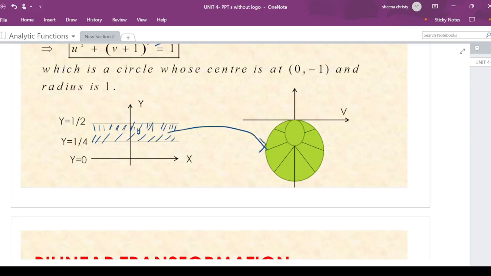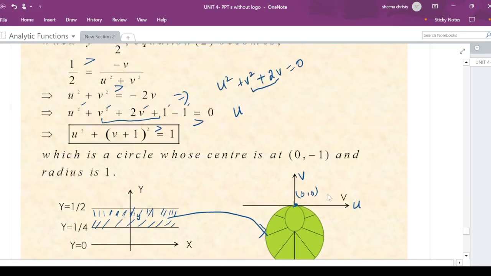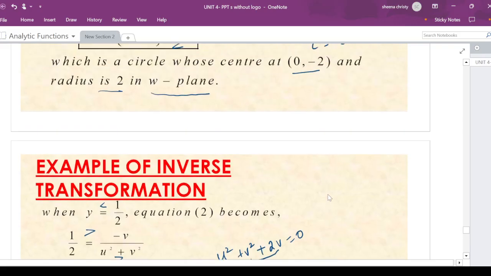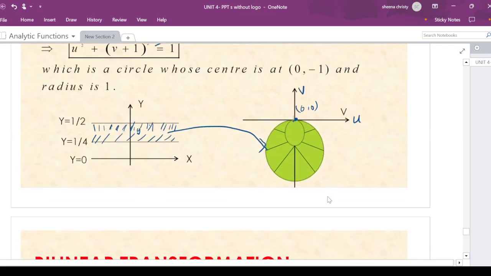How? Here, this is the circle. What is this point? This point is (u, v). This point is (0, 0). The first initial one is the center (0, minus 2), isn't it? (0, minus 2), radius is 2.